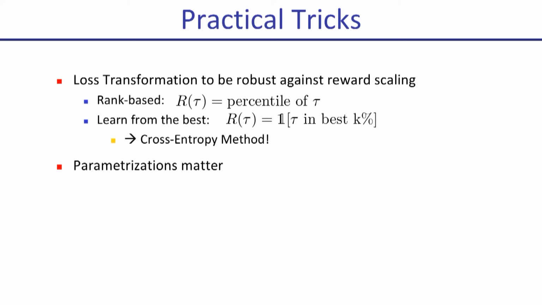So you want to find a parameterization that is sensitive to parameter perturbation. After you perturb the parameter a little bit, it does change its action under many different states. So it actually explores different parts of the state space, and then ends up with different returns.